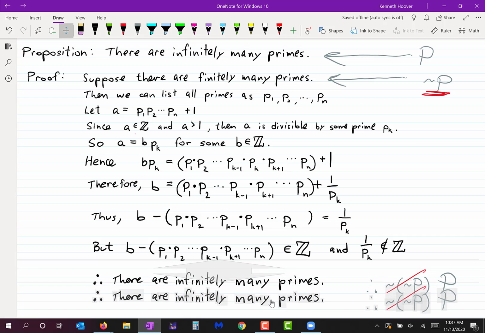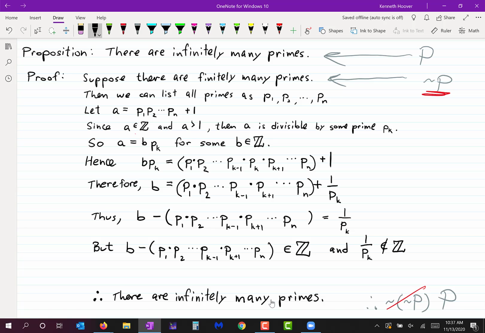Some people even like to say, therefore, it is not the case that there are finitely many primes.